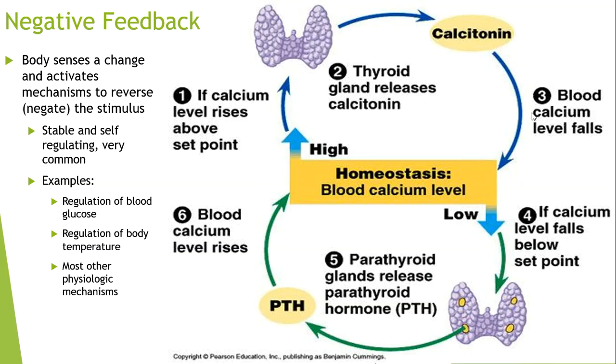That leads us into a big concept in this unit, and what your case study readings are going to be on: negative and positive feedback. We just described a negative feedback mechanism. Basically, negative feedback is when your body senses a change and activates a mechanism to reverse or negate the stimulus. Basically, you had a stimulus and you want to get back to wherever you were.